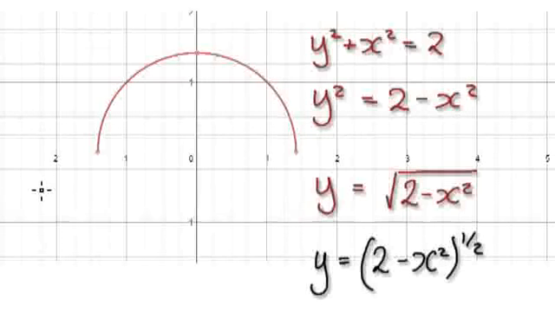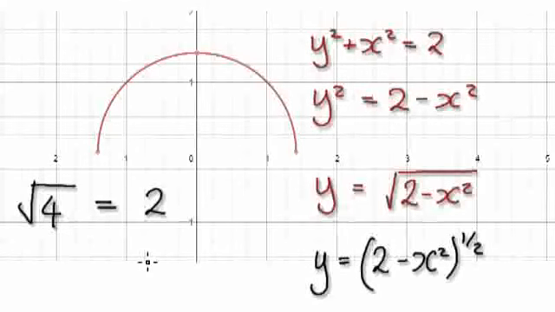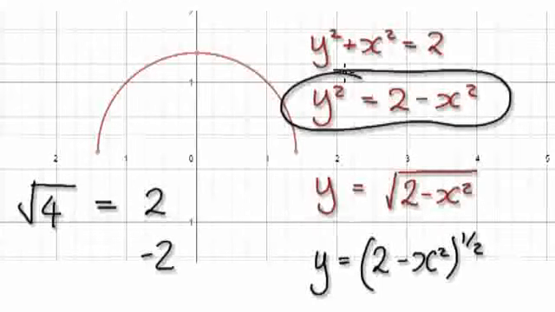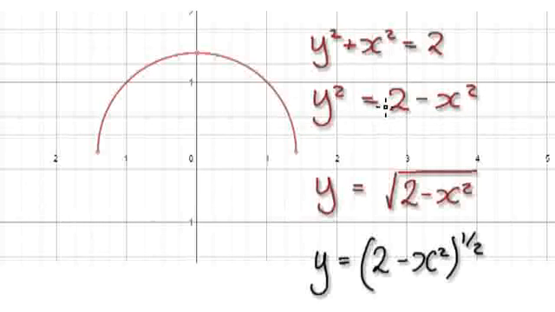So remember, if I were to ask you what's the square root of 4, there are two answers. You could say the positive version and the negative version. It's the same in this case. When you square root both sides, you're going to get two versions.